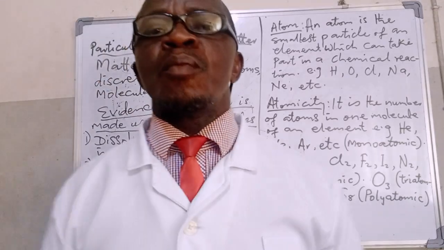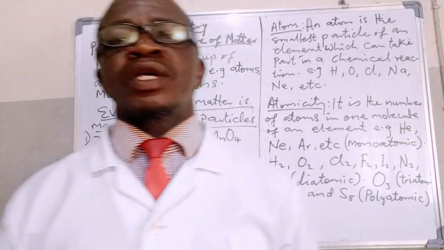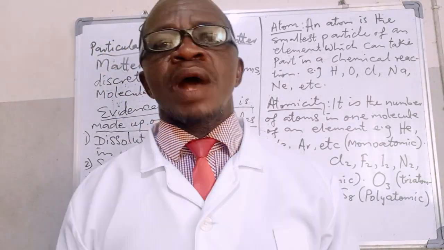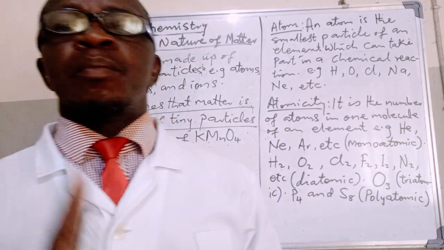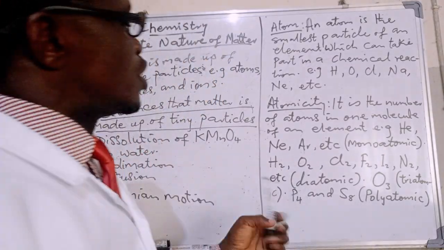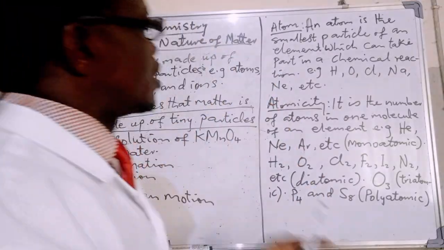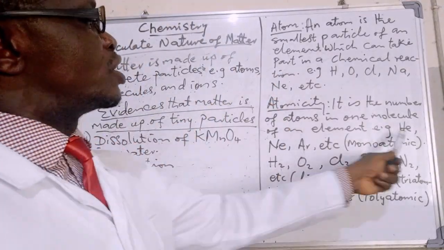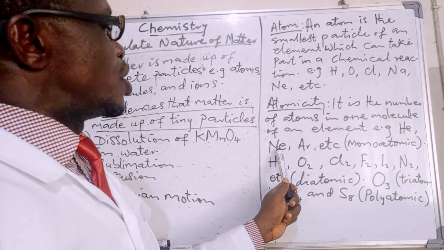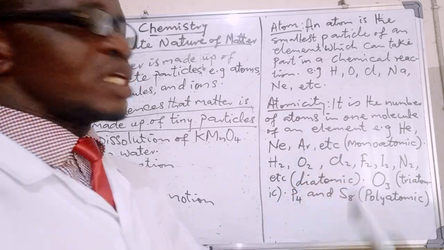Some substances are monatomic, some are diatomic, some are triatomic, some are polyatomic. The monatomic, that's one atom to one molecule, are the ones I mentioned here: helium, neon, argon, etc.